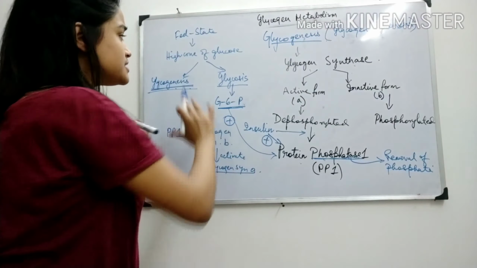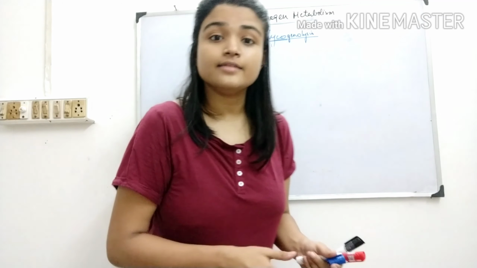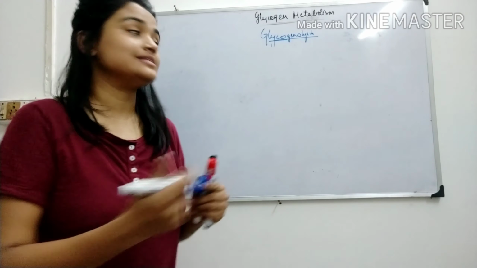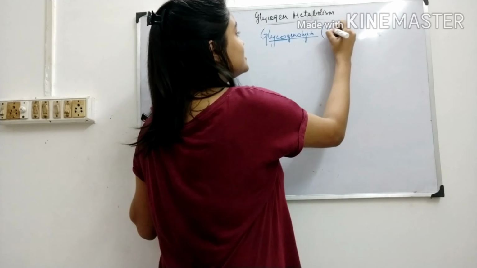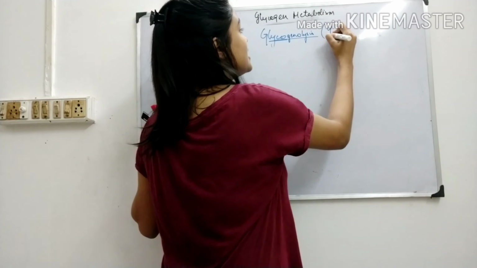Now we will see the scenario in case of glycogenolysis, the regulation of glycogenolysis by the hormones as well as certain enzymes. So glycogenolysis is glycogen degradation, and this occurs when glucose level is low.